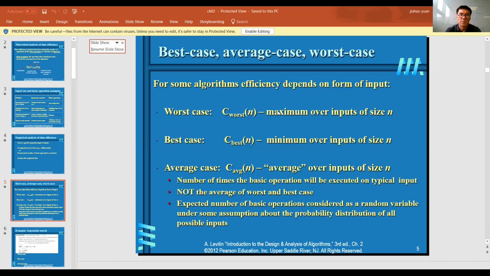So in this case, the best case would be 1, and the worst case would be n. The average case is somewhere in between, like n divided by 2. But be careful that the average case is not always equal to the average of the best case and worst case, because in many other algorithms it could be quite different.